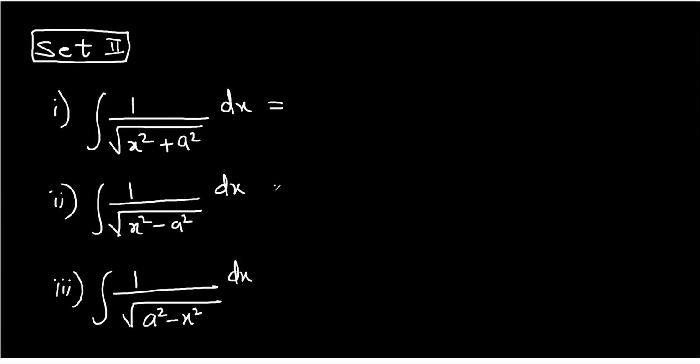Okay, so here also three integrals, and we found that the third one looks different, and these two, first and the second, resemble each other. What is the third one's result? The third one result is sine inverse of x over a plus c. So remember, if you have 1 over square root of constant square minus variable square, then it is sine inverse of variable upon constant, and these two resemble each other. What is it?